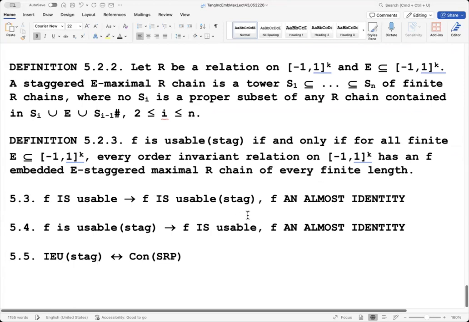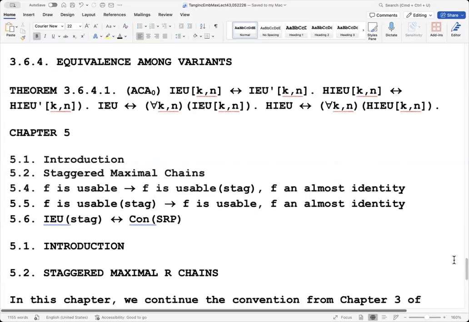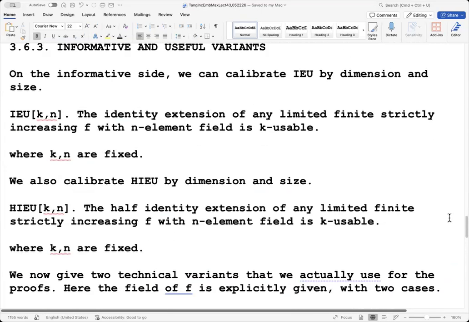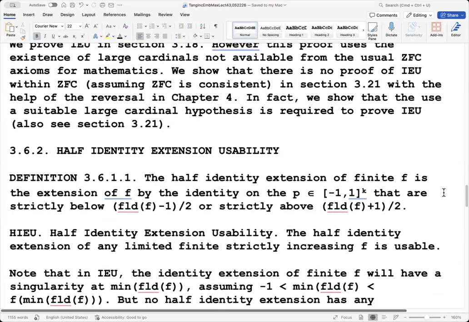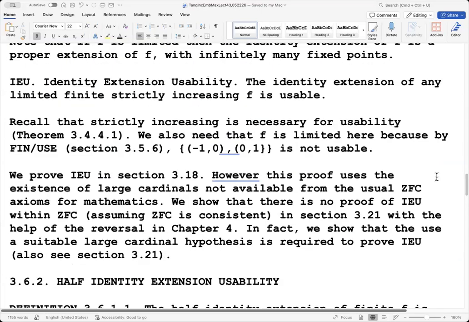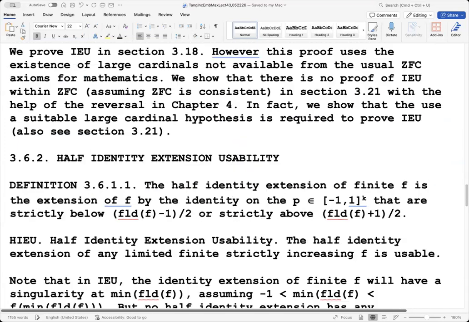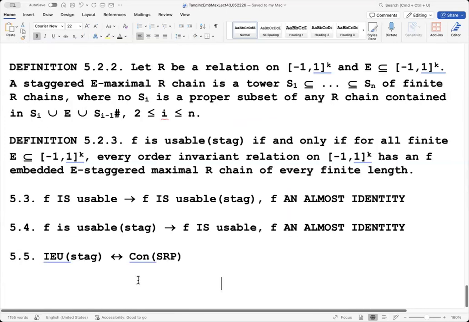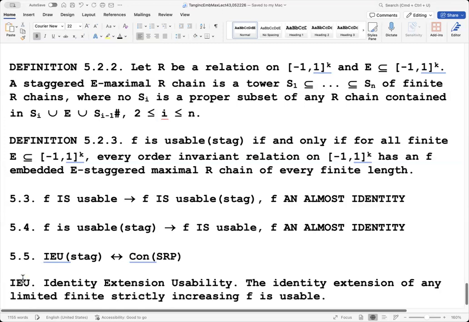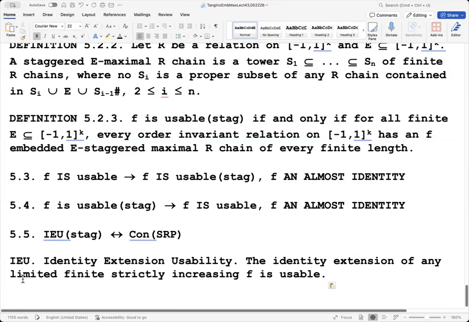Okay, and what it is, let's take this IEU statement, this is the old thing from chapter 3.